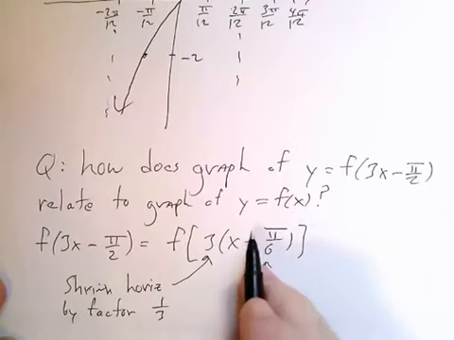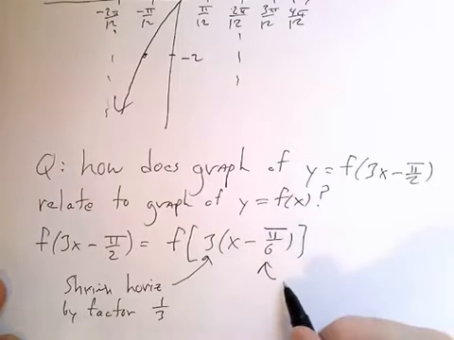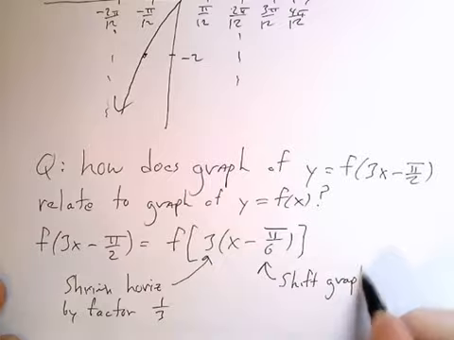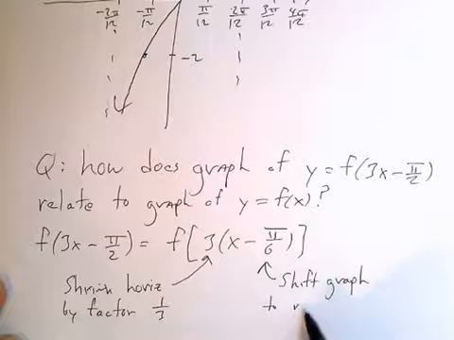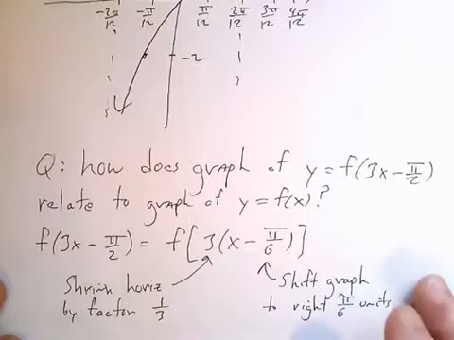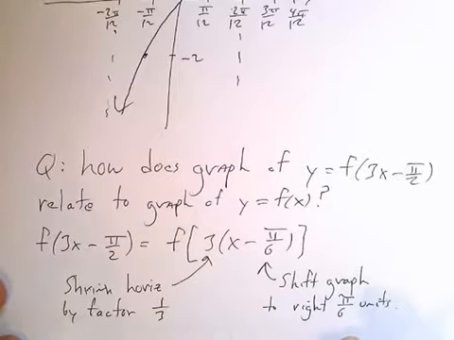And here, when I replace x by x minus pi over 6, we shift the graph to the right pi over 6 units. And for this graph up here, it's 2 tick marks. But I don't have to have this exactly at tick marks. If I had 5 here, for instance, I would write things in terms of decimals. I would just shift over 5 units. So you don't want to overgeneralize on that.